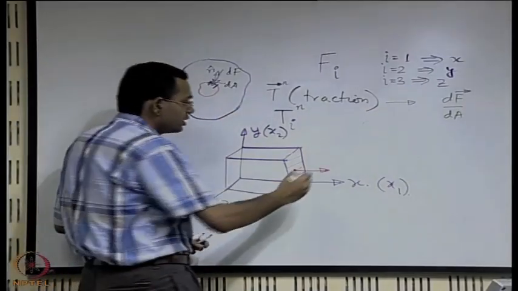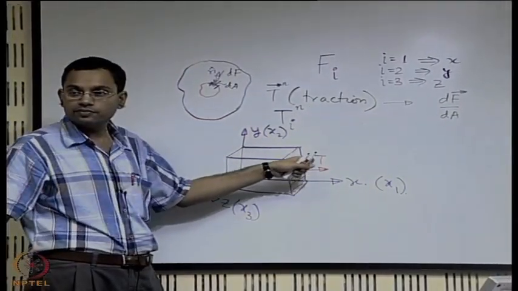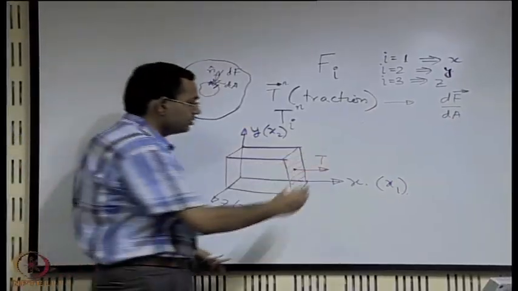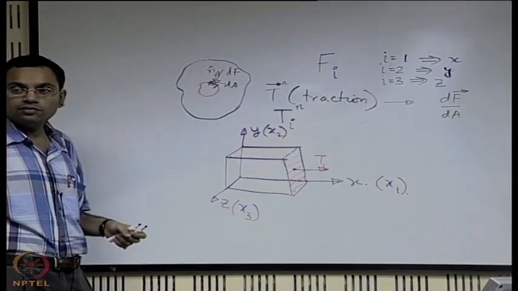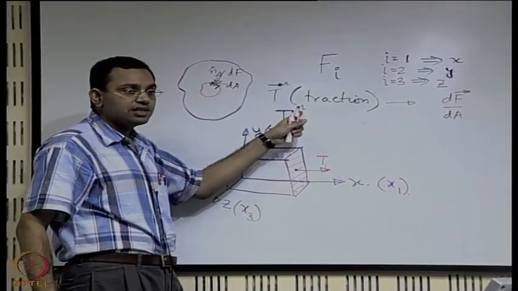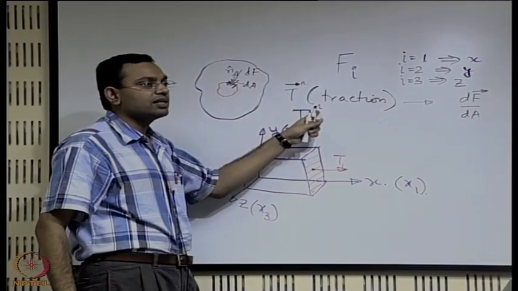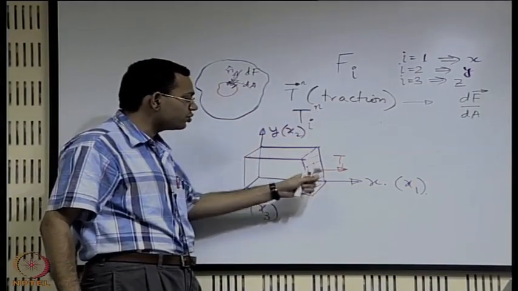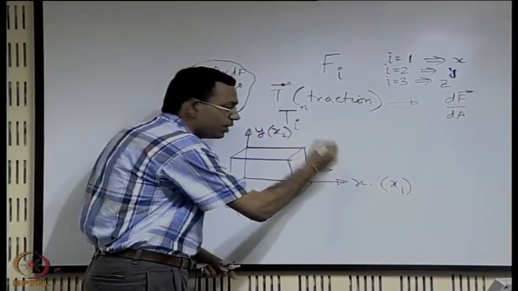In terms of this notation, what should be the subscript? 1. What should be the superscript? See, what does this represent? It represents the unit vector outward normal of the surface chosen. Here the surface chosen has unit vector along x1, so this should be 1.